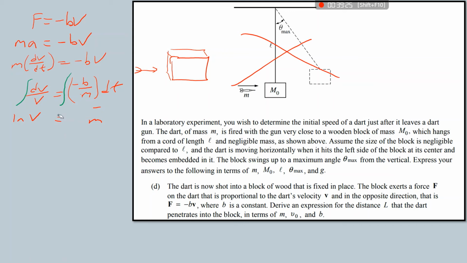Hold on a minute, because we actually have bounds for this. So I'm going to go back a step. What are my bounds for the left side? Integrating from what to what? We didn't start with zero velocity.